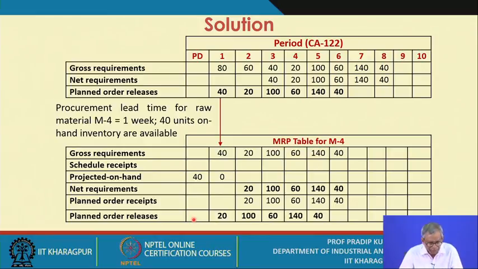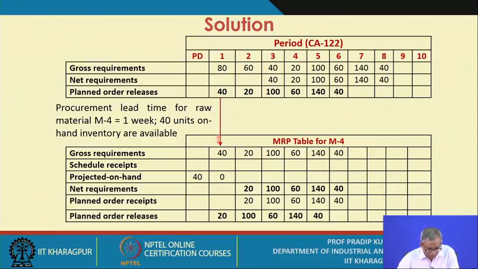Similarly, now once this is known, this component C122 is related to, say, M4. You require the materials of type M4, raw materials of type M4. So, the lead time for procurement is say 1 week, and 40 units of on-hand inventory are available for these raw materials.